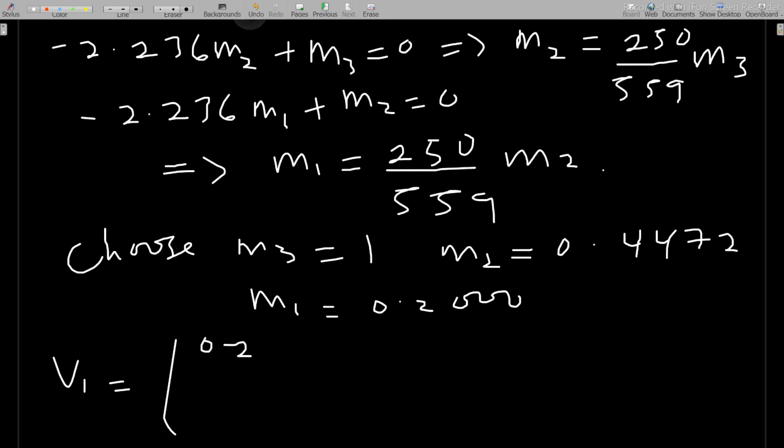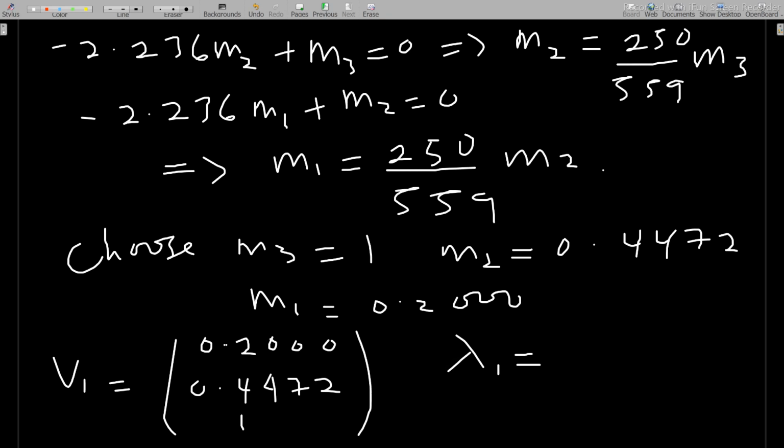It means that my v1 is simply equal to 0.2, because 0.2000 is that, or you can write it so that you see that you approximated it to 4 decimal places, then 0.4472, which is the decimal you get when you divide 250 over 559, and you have 1 here, where our lambda 1 was 2.236.